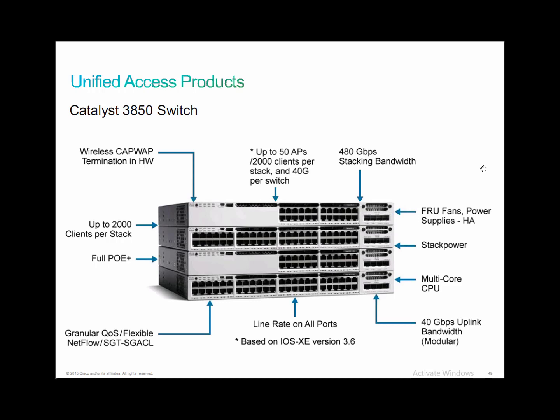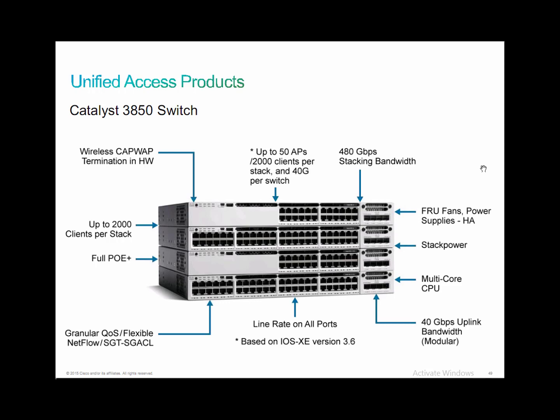The StackWise communication, which is that proprietary physical layer cable ring that you attach on the back of the switch stack, provides up to 480 gigabits a second of throughput, which gives a lot of power in passing data from one switch to another within the stack. You have some optional uplink modules as well, 4 times gigabit Ethernet or 2 times 10 gig Ethernet, depending on the model itself.